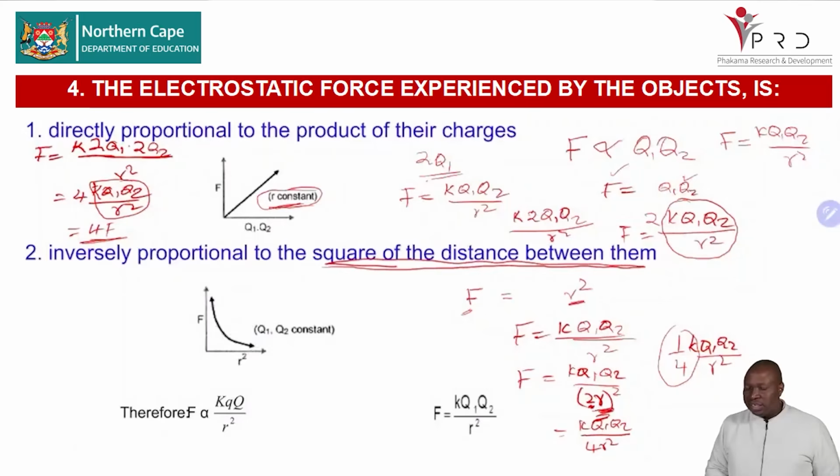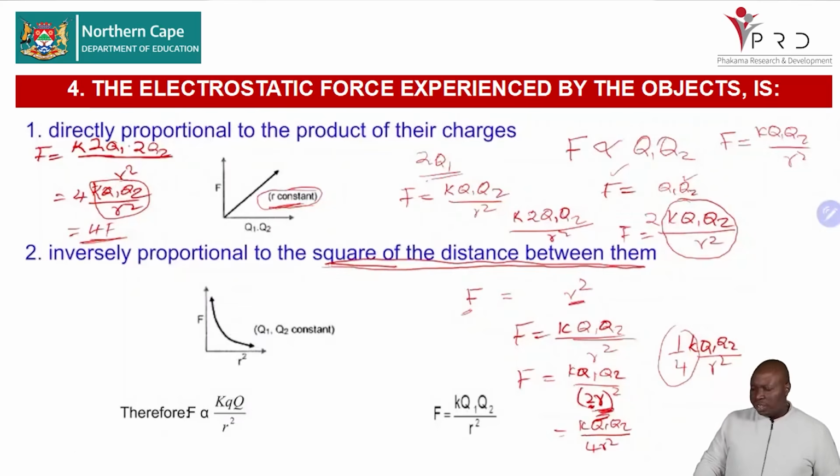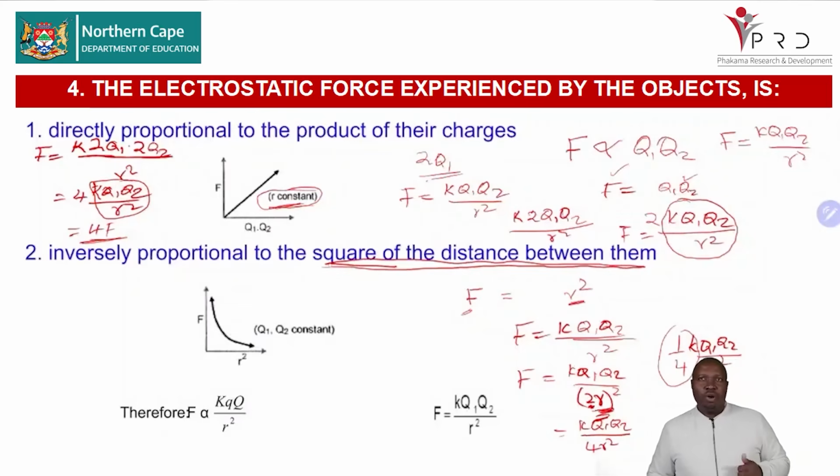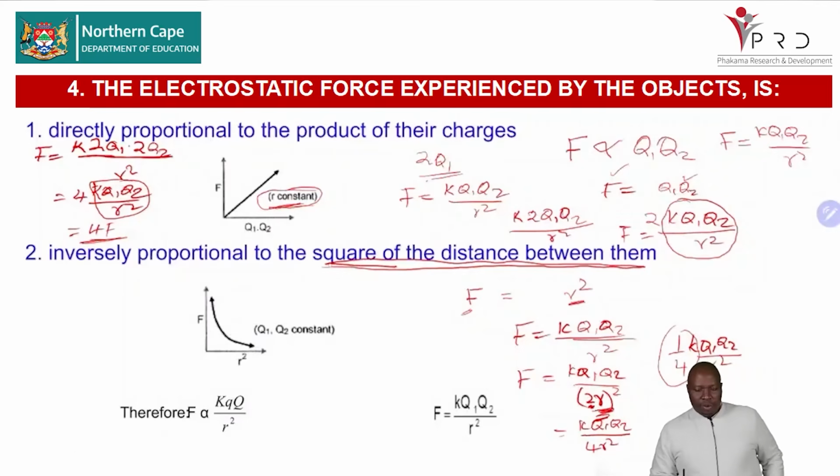So when we double the distance, the force will decrease by 1 over 4. And if we multiply the distance by 3, it will be 3 squared, which means that our force will decrease by a factor of 1 over 9. Please always remember that as you do questions, and this relationship is important, as well as these graphs. I hope I've instilled that in you, and you can see it's clear.